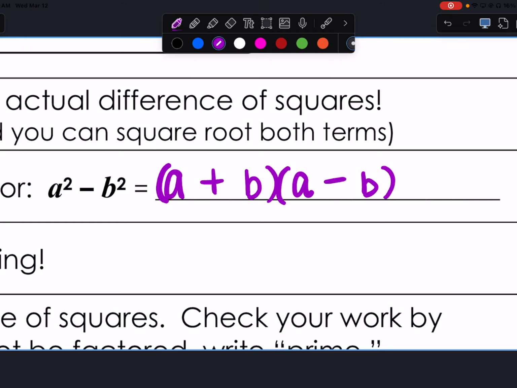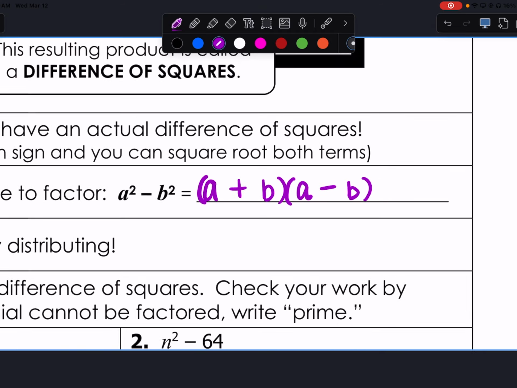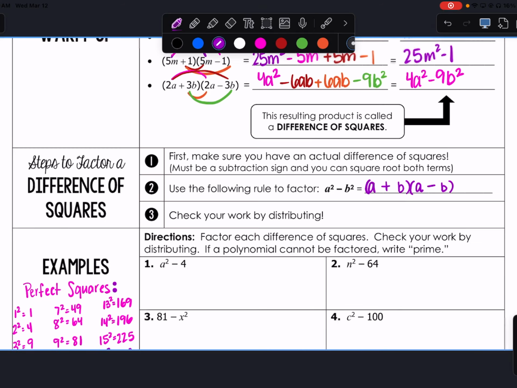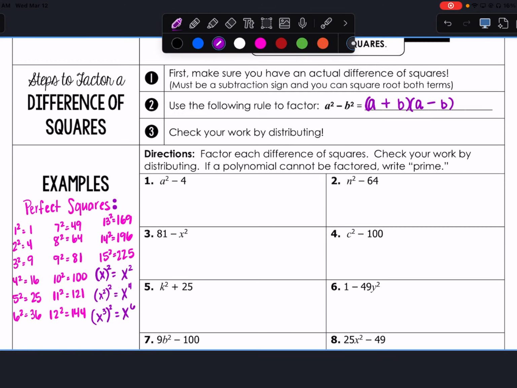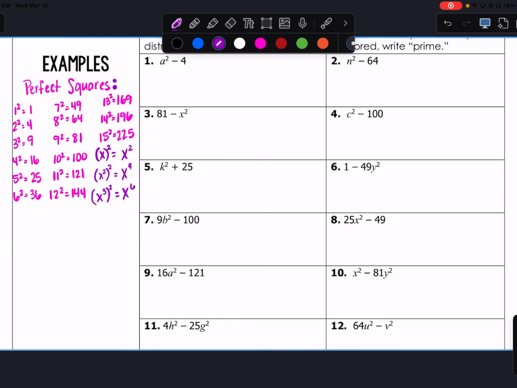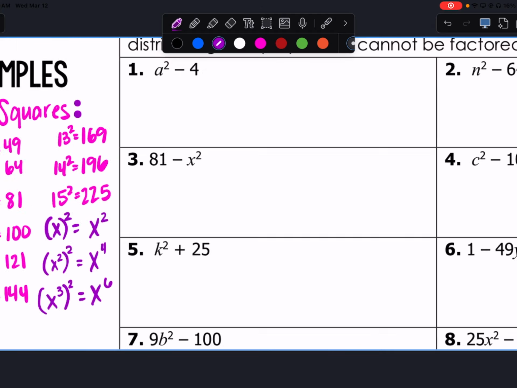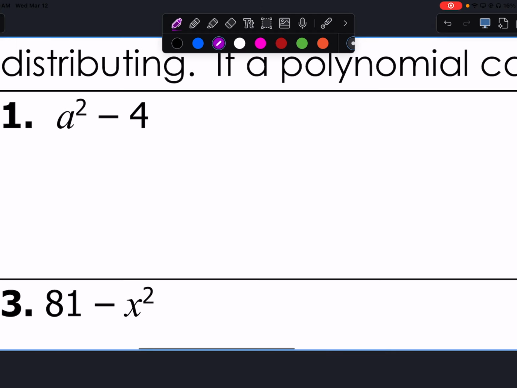Okay, so we're going to go ahead and do all of the odds on the first page. So for number 1, what squares to give us a squared?